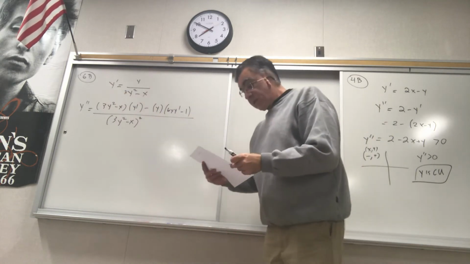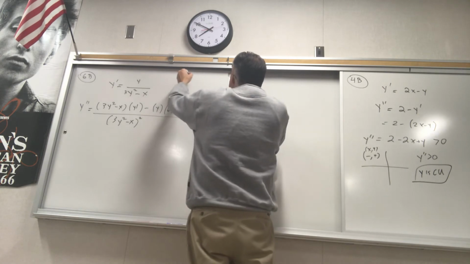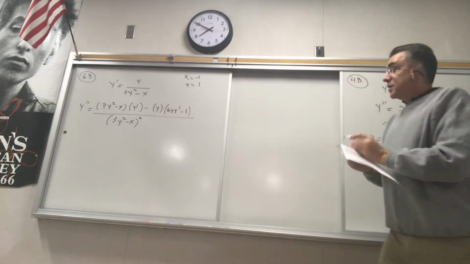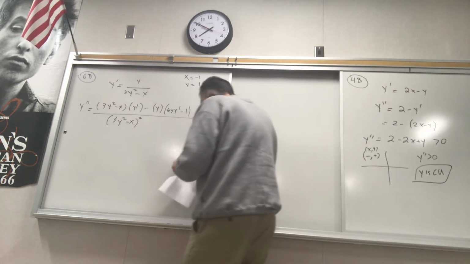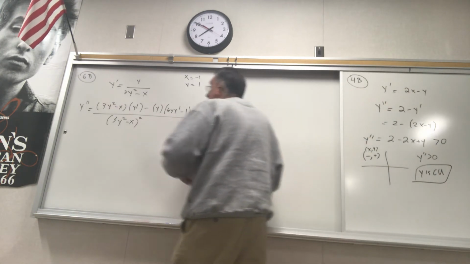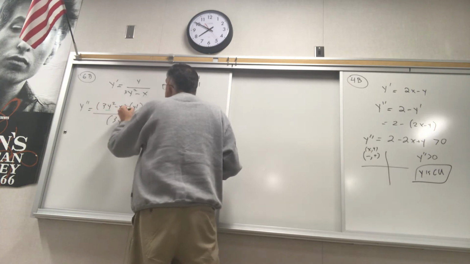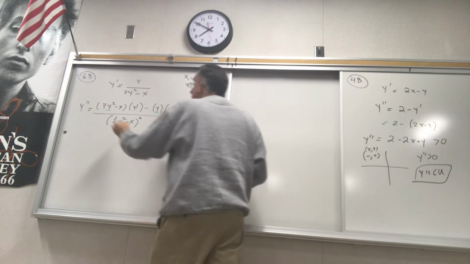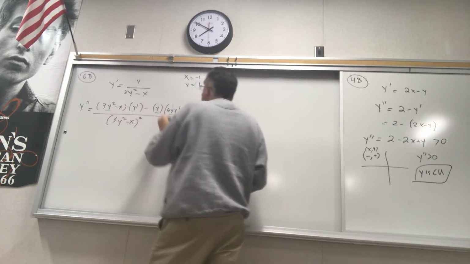Now, they do tell us they're doing this at the point x equals negative 1, y equals 1. So when I go to do that, let me switch colors here. Where there's a y, I'm going to put the 1. So I'm going to put the 1 here, here, and here.